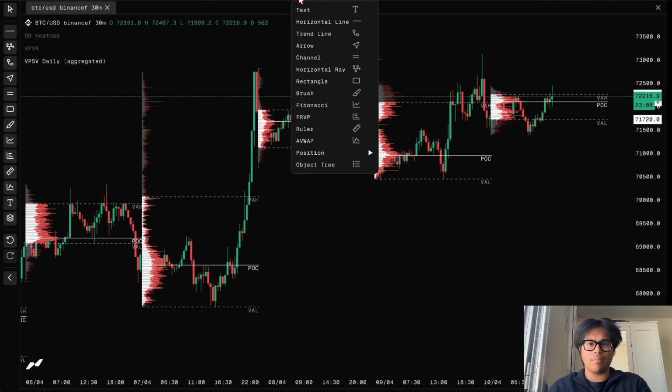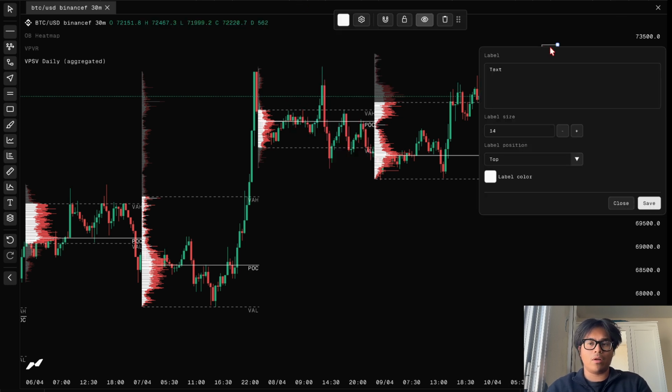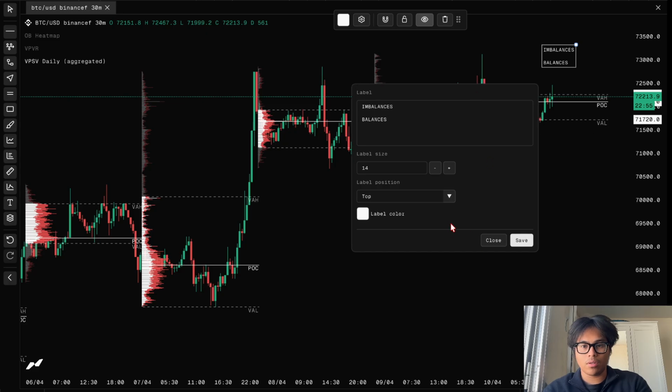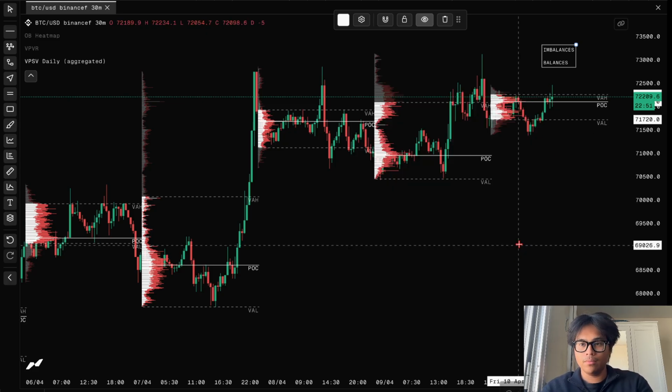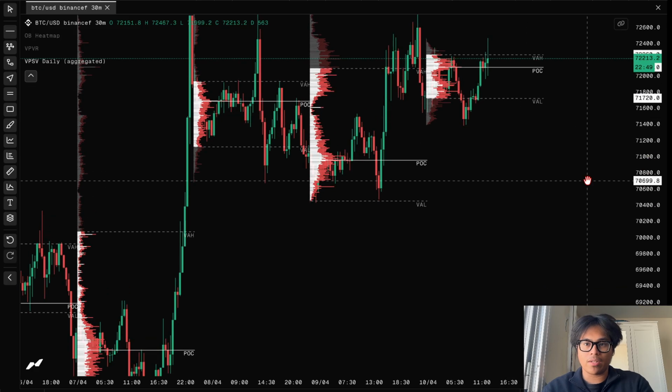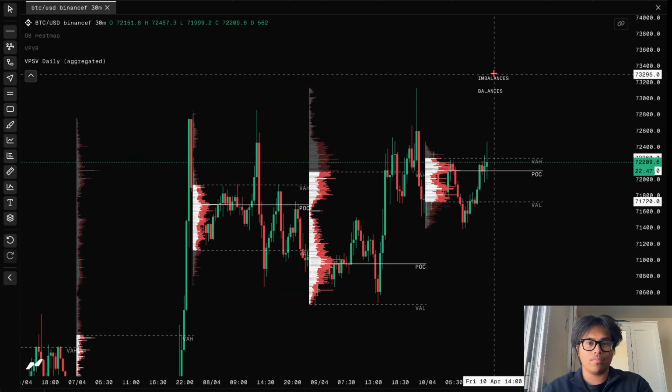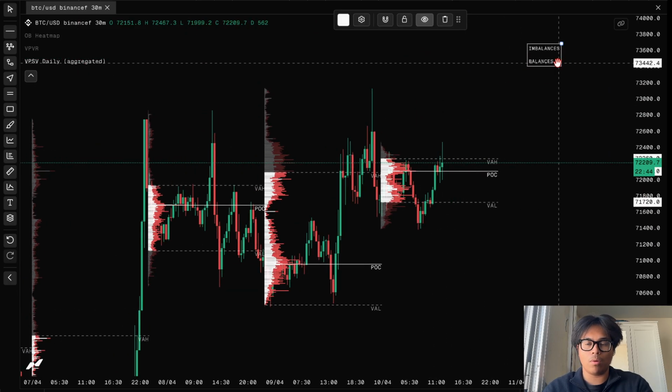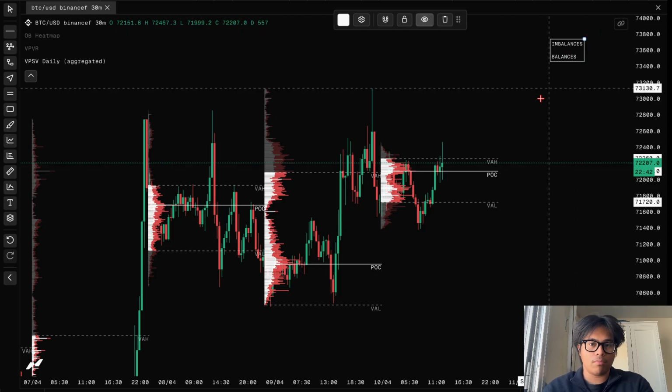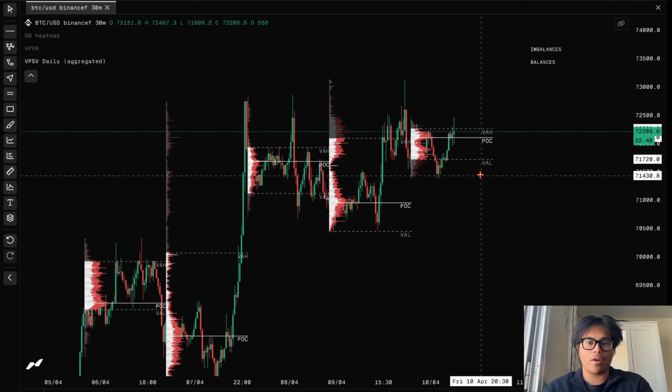It's not a fair value gap, but it's related to fair value. I should have drawn something to make it more interactive. So price moves within these two states. There's actually one more, but we're going to focus on this one because it's what actually matters.